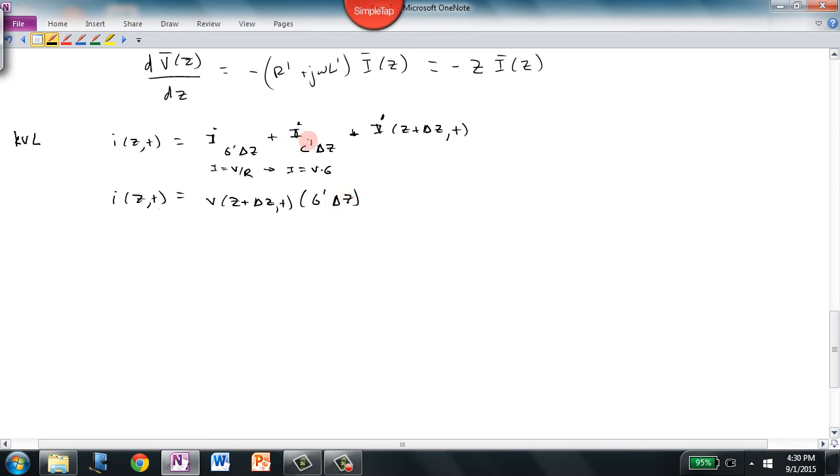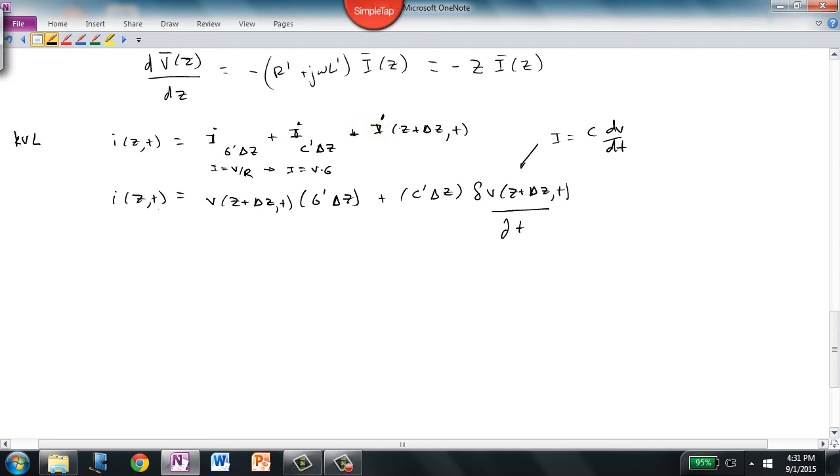Now we need to calculate the current through the capacitor, which is just going to be C prime delta Z times the partial derivative of V of Z plus delta Z comma T with respect to T. And this comes from I is equal to C dV dt.